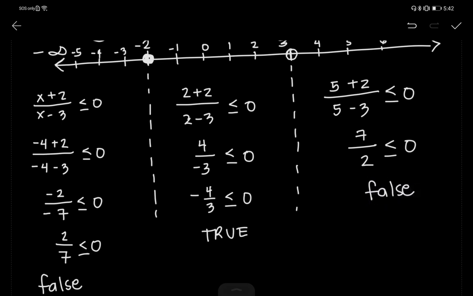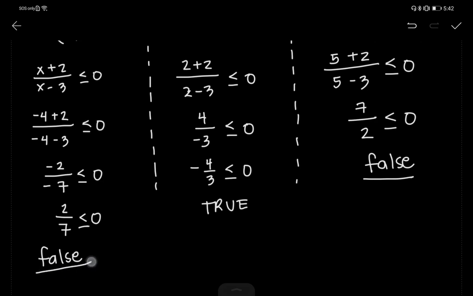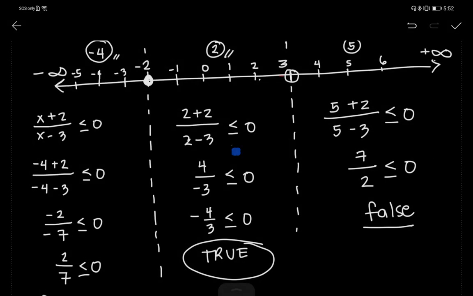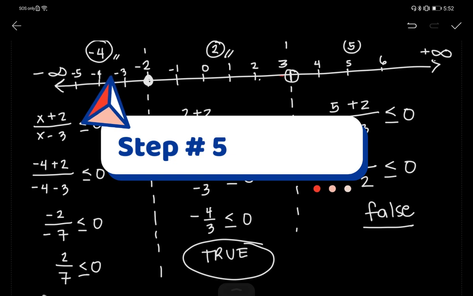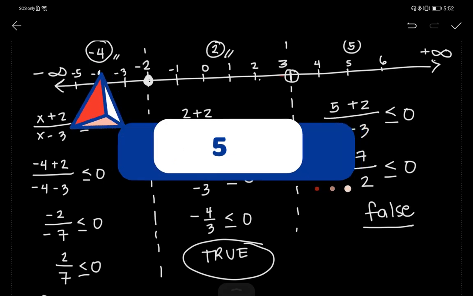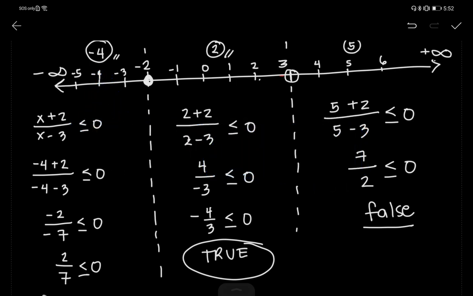So eto guys, pag true ang kinalabasan, ibig sabihin yung mga value na nasa pagitan ng number na iyon, masasabi natin na magiging part siya ng solution. Pag nag-false naman siya, katulad nito, ibig sabihin yung mga value na nasa taas will not be part of the solution.